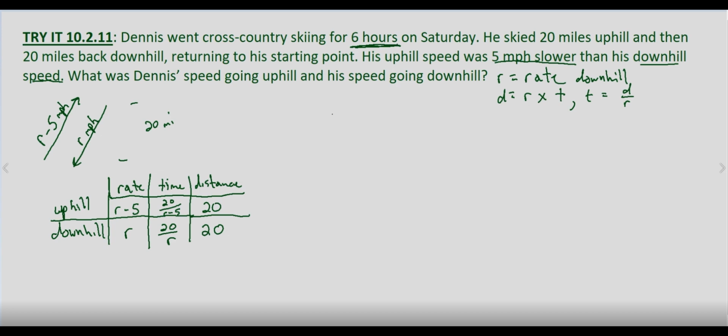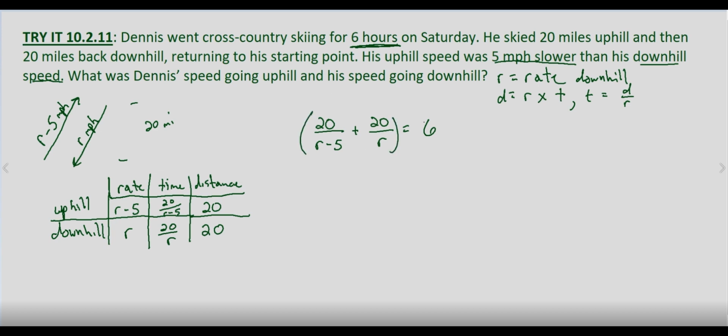So what does that tell us? That tells us that both of his times added together, his uphill time and downhill time, are going to be 6 hours. So we have 20 over R minus 5 plus 20 over R equals 6.